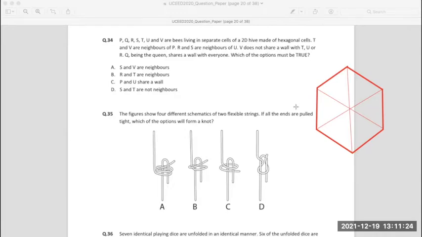Now what you are supposed to guess here, let's read the question once. These are all the bees who live in separate cells.